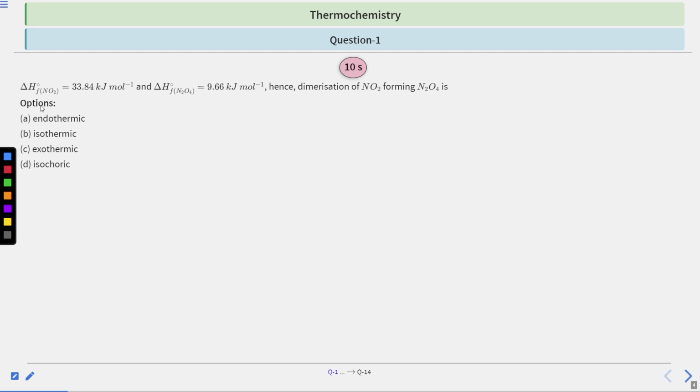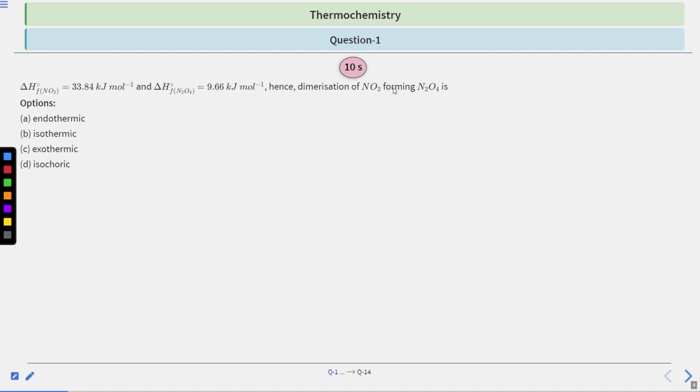Delta H naught F of NO2, that is, the standard enthalpy of formation of NO2, is 33.84 kilojoule per mole and the standard enthalpy of formation of N2O4 is 9.66 kilojoule per mole.